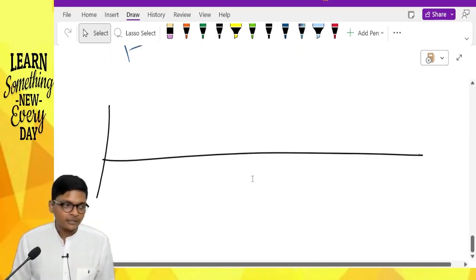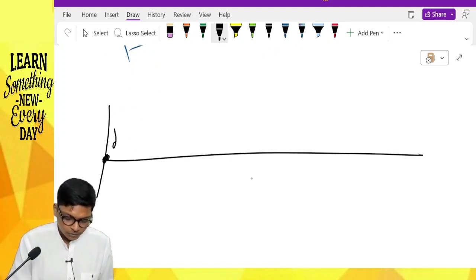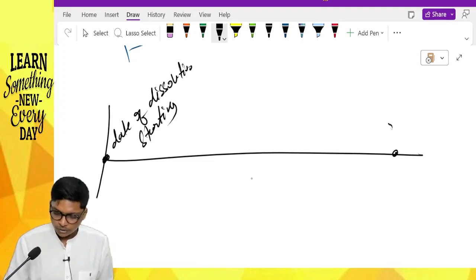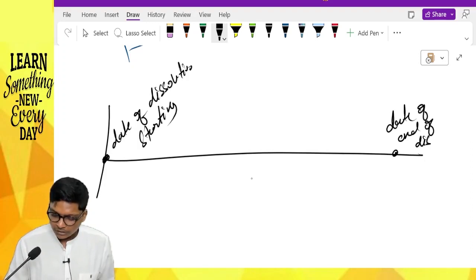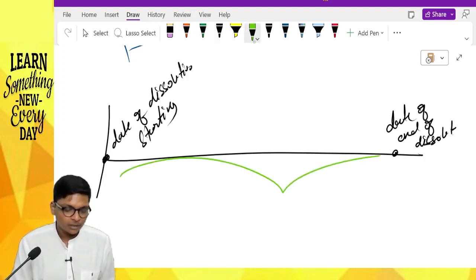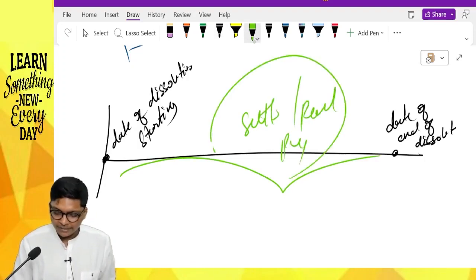Problem is that. Second, we have different dates. Date of dissolution starting, date of end of dissolution, in between we have settlement, realization, payment, everything, correct?